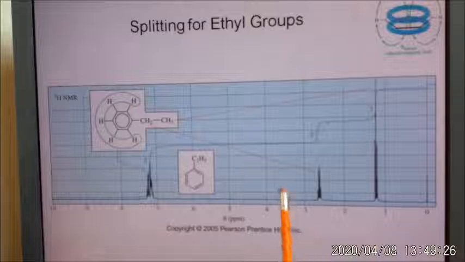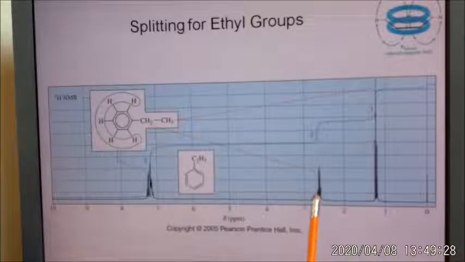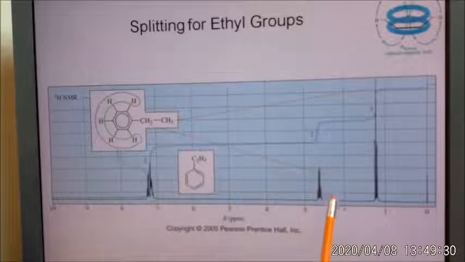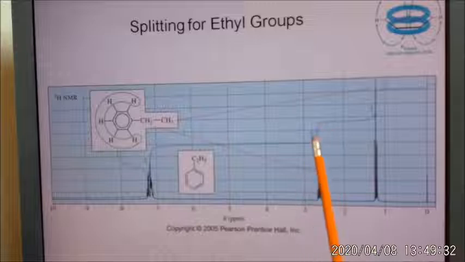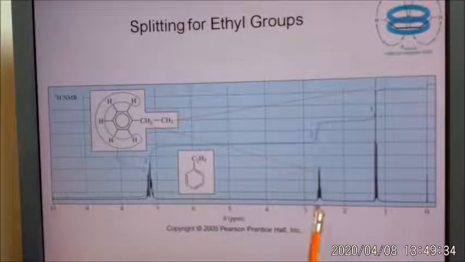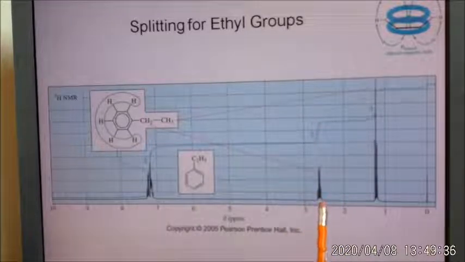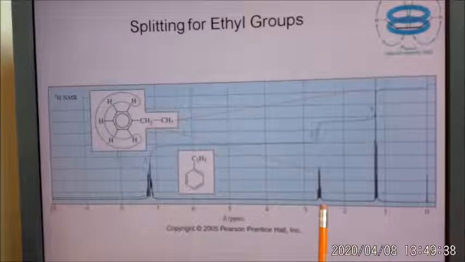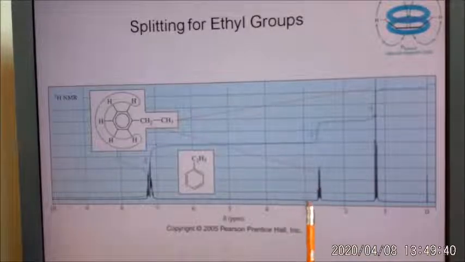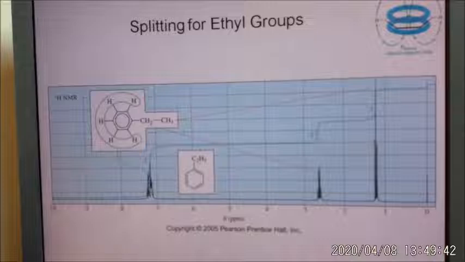You say, oh, what about this guy? Quartet, 1331. This is a CH2, look at the integration, but what is it attached to? It's got to be attached to a CH3 because I have a quartet. That means my neighbor has to have 3 protons.